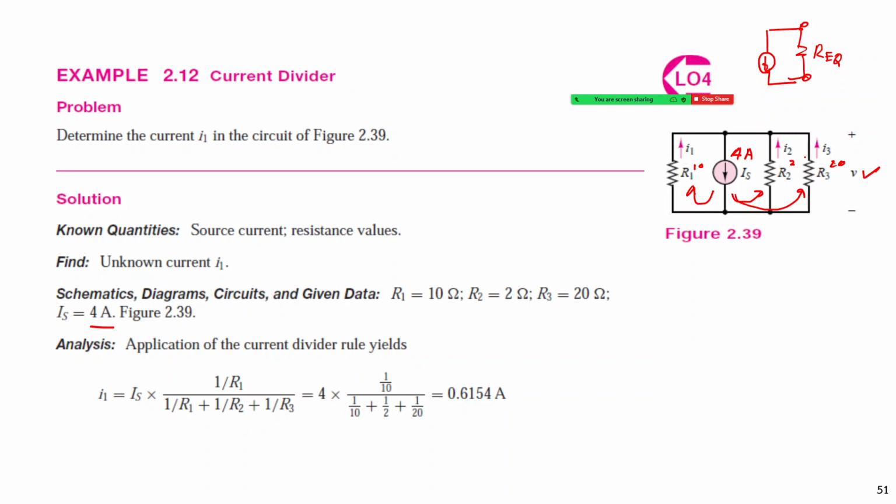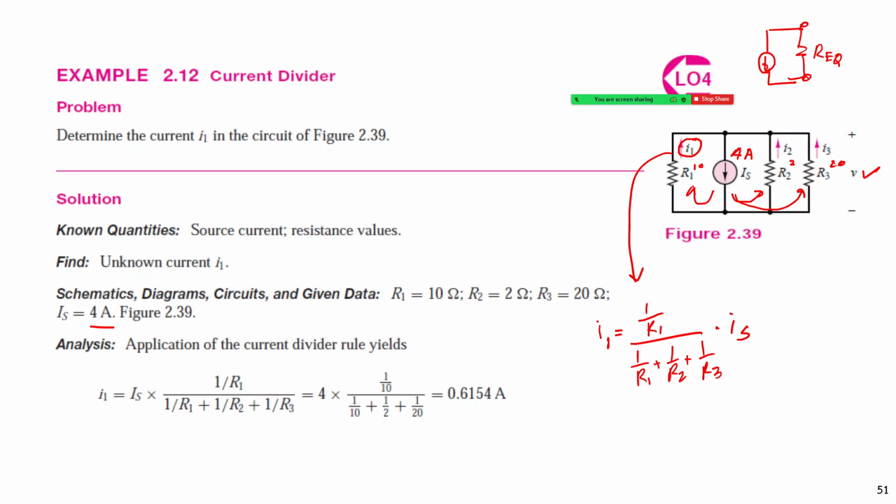But in this case, let's apply the current divider concept to this problem. To compute I1, you can use the current division. So I1 is equal to 1 by R1 divided by 1 by R1 plus 1 by R2 plus 1 by R3 into Is, right?